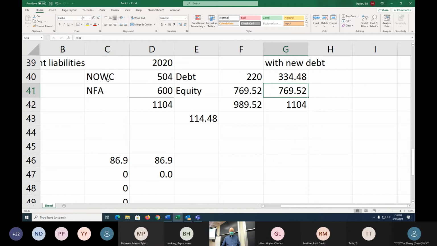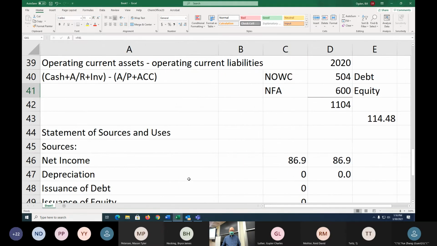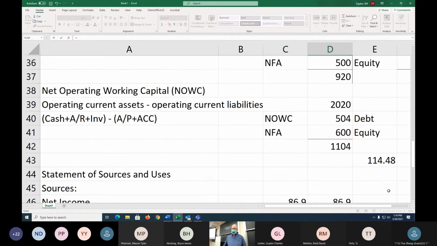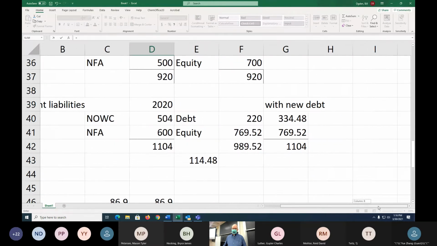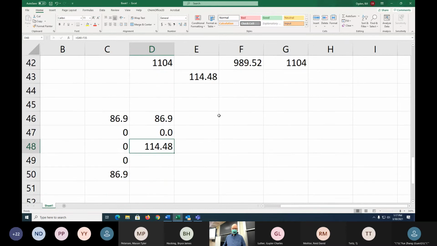All right, so now we can do this. Okay, now I want my net income, depreciation, issuance of debt. Issuance of debt would equal the new debt level minus what it was last year. I get that. Oh, that's not, yeah, that's right.